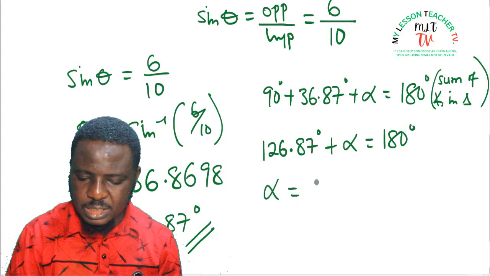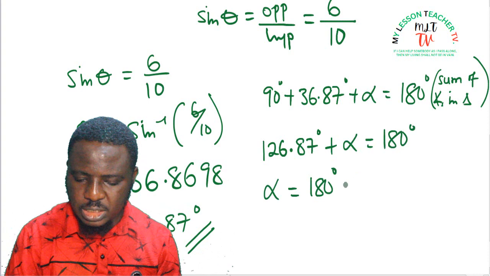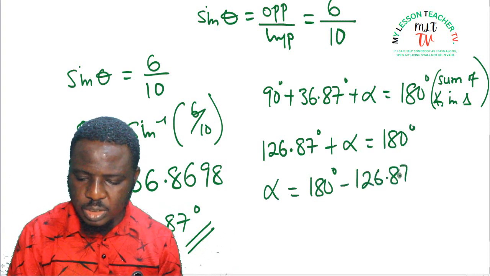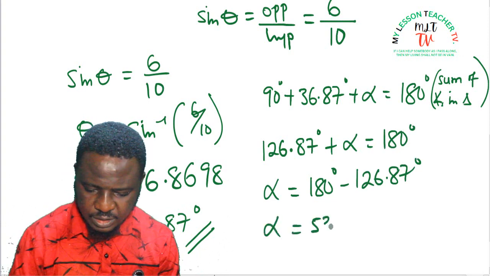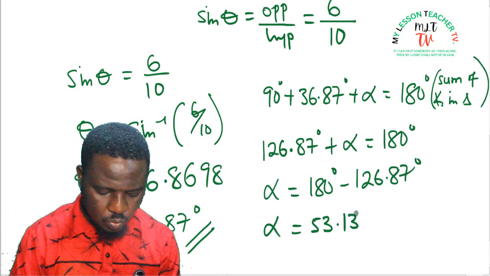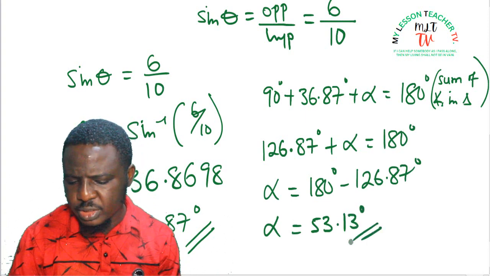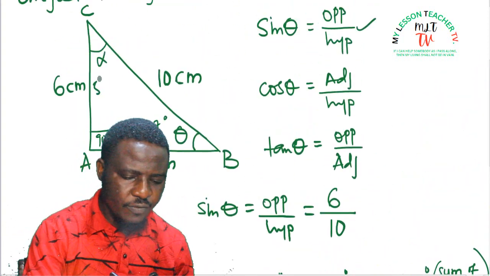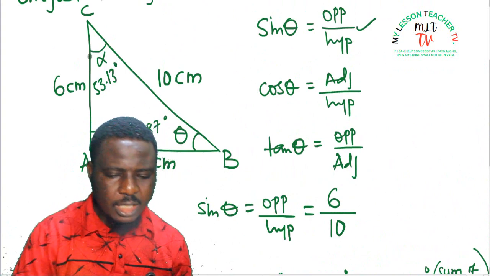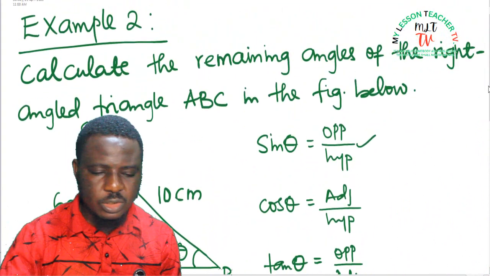So alpha is equal to 180 degrees minus 126.87 degrees, and our alpha is equal to 53.13 degrees. So this is the value of our alpha, which is 53.13 degrees, and this is how it is solved.